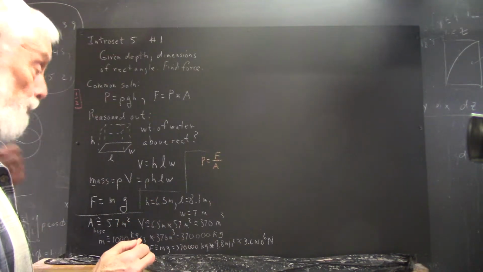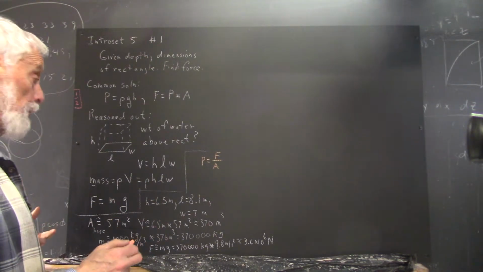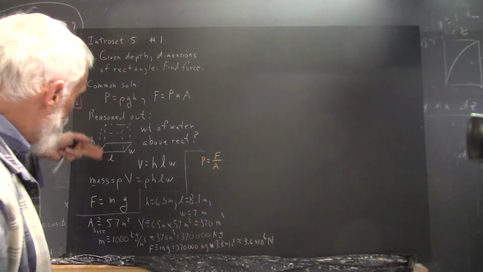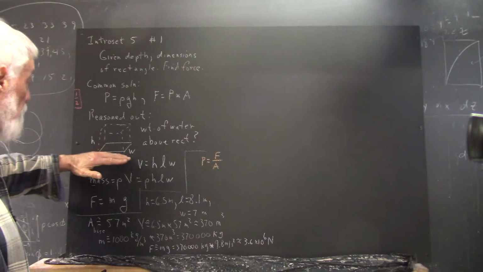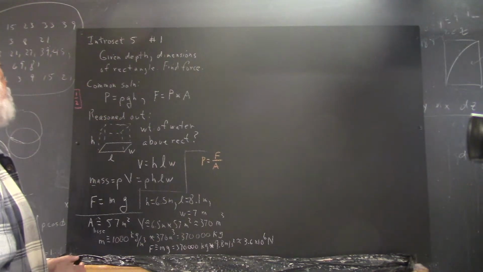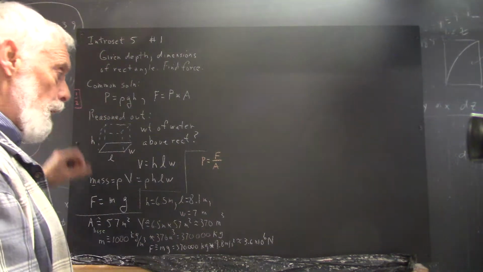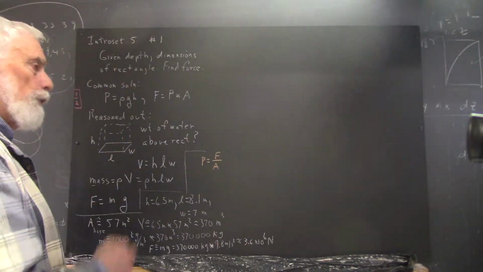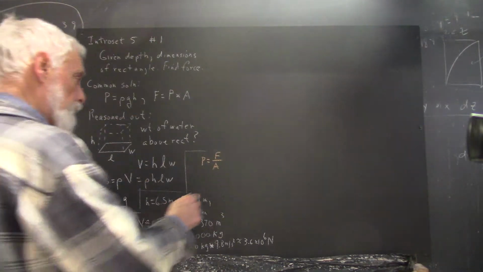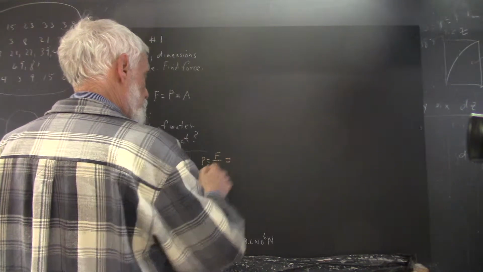We get the average pressure, but by the conditions of this problem, this whole rectangle is at a uniform depth, holding up a uniform area or region of water, and we can say that the pressure is uniform. I'm not going to go into too much detail about that, but that would be our reasoning.